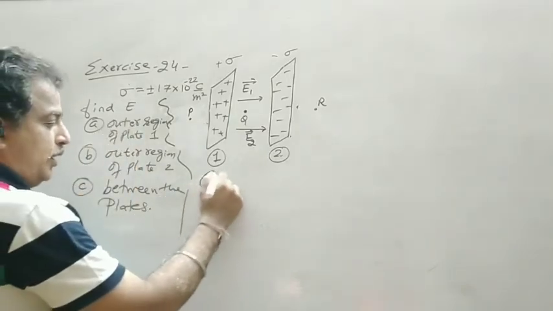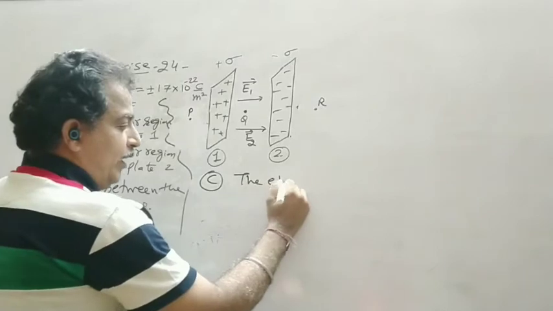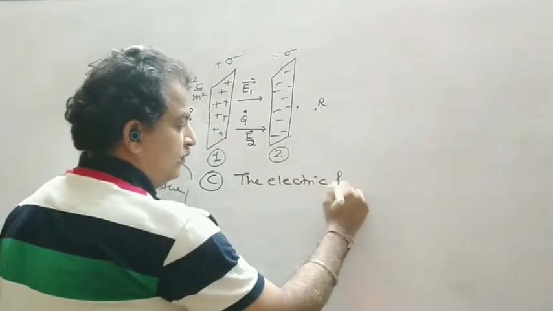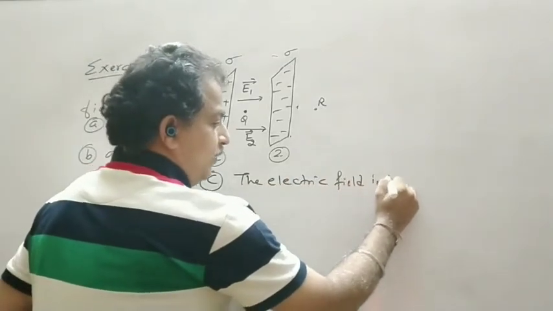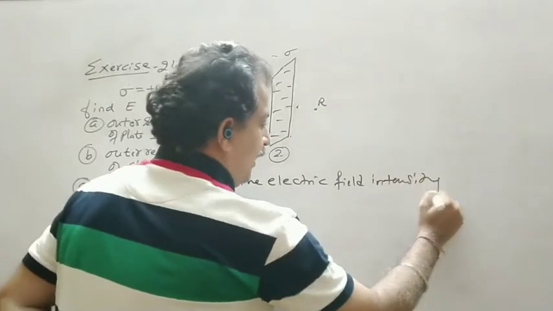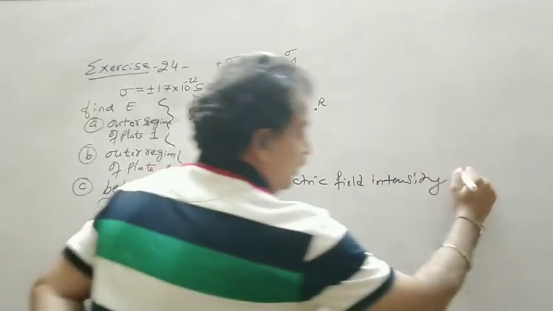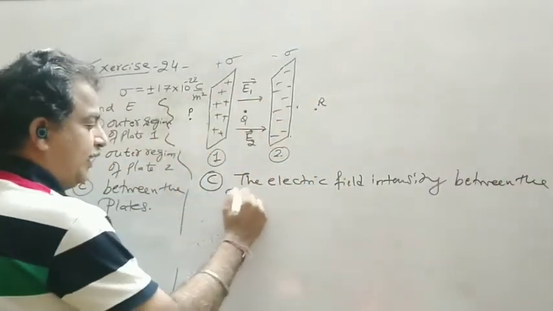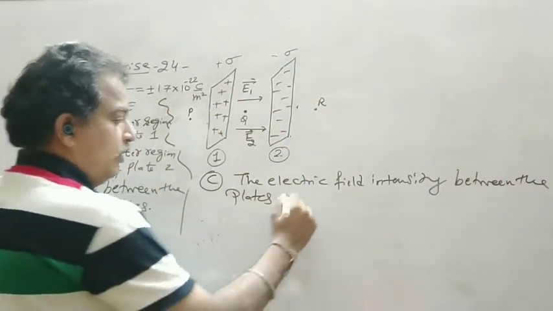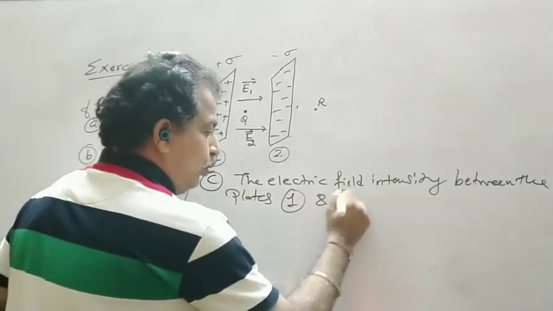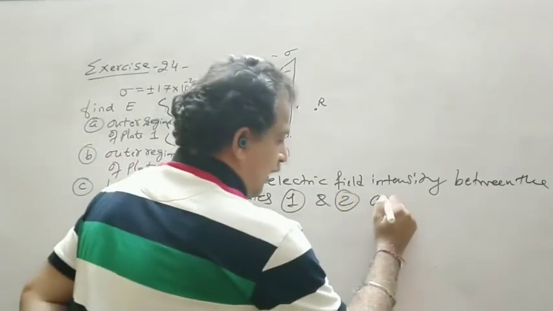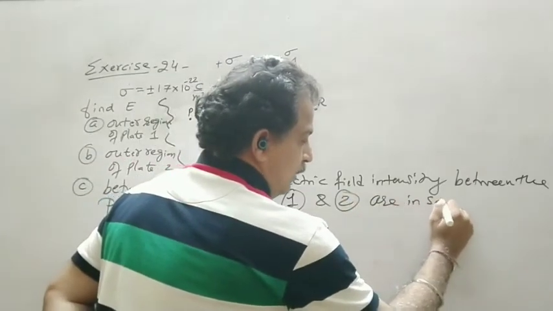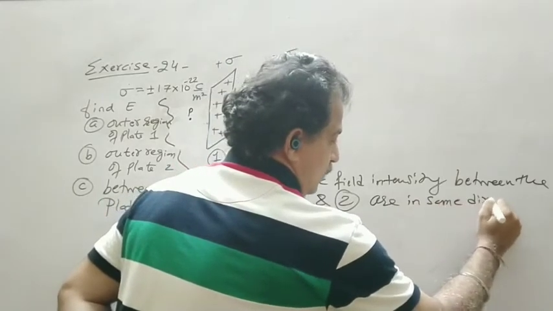For the third portion, the electric field intensity between the plates 1 and 2 are in the same direction.